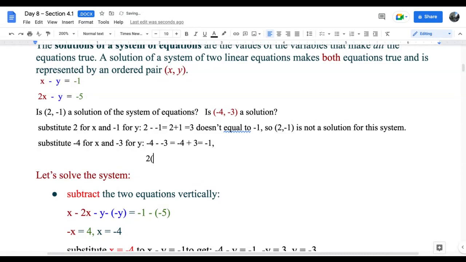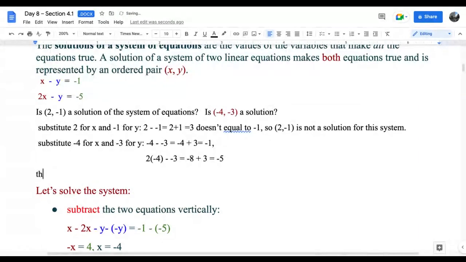We have 2 times -4 minus -3, which equals -8 plus 3, which equals -5. Yes, so it's true for both. So (-4, -3) is a solution for the system, right?